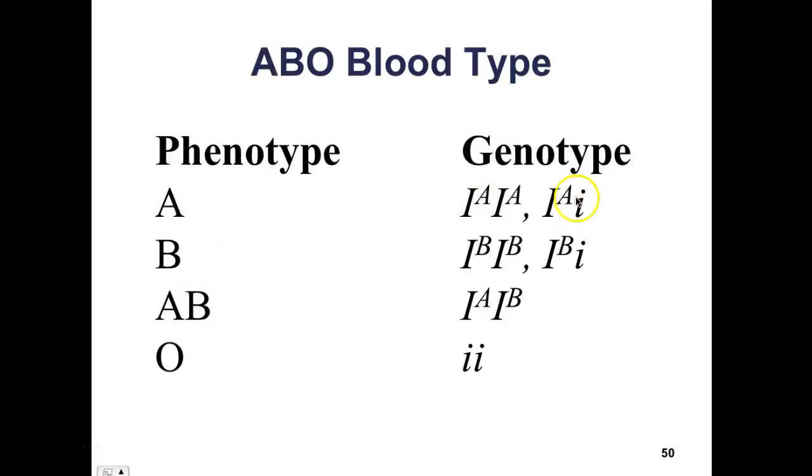So here are the different genotypes that give you blood type A. Here are the different genotypes that would give you blood type B, the genotype that would give you blood type AB, and the genotype that gives you blood type O. I would learn these alleles and the phenotype that would be expressed based on crossing various parents.